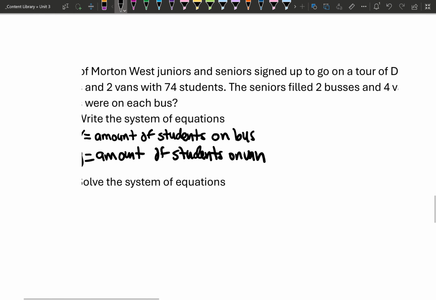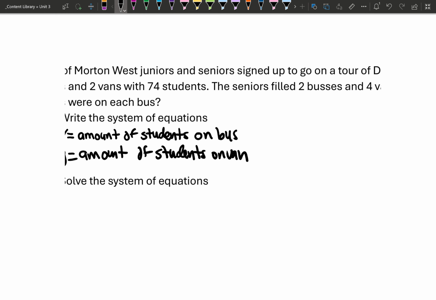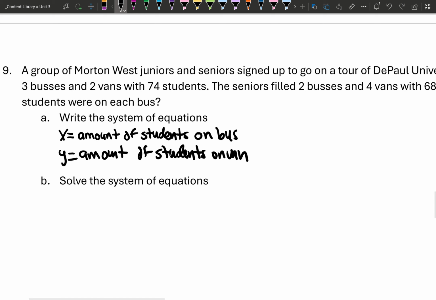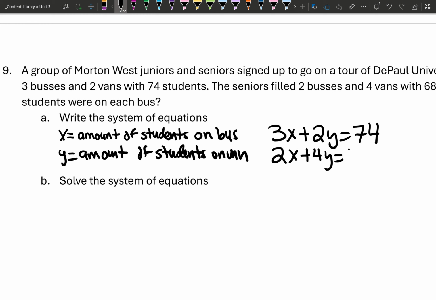Alright, let's write a system. The juniors had 3 buses and 2 vans with 74. The seniors had 2 buses and 4 vans with 68. Let's solve it.